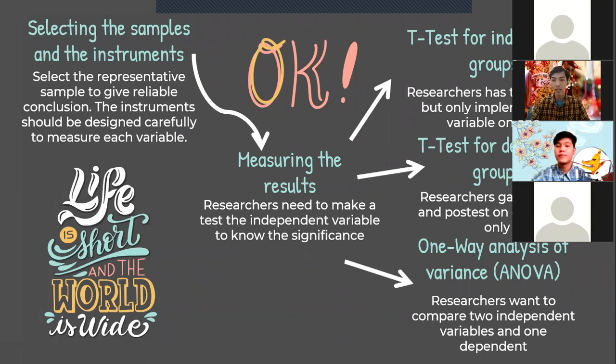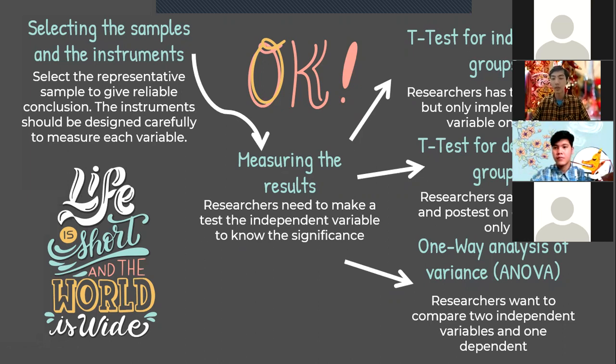Researchers need to make a test on the independent variable, to know the significance of the difference between the regular class and the class implementing the treatment. There are three types of measuring the result. The first one is t-test for independent groups. Researchers have two objects, but only implement the variable on one.